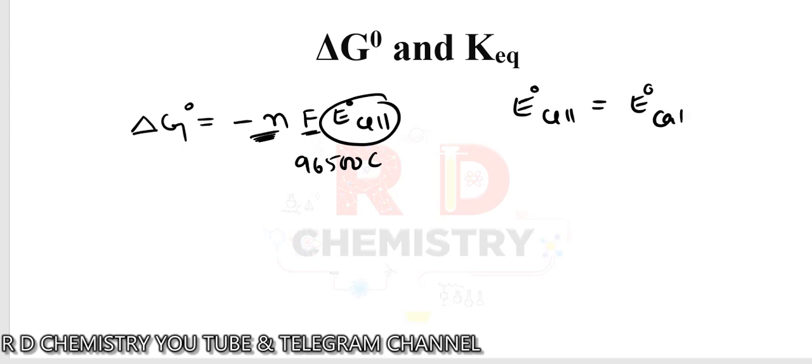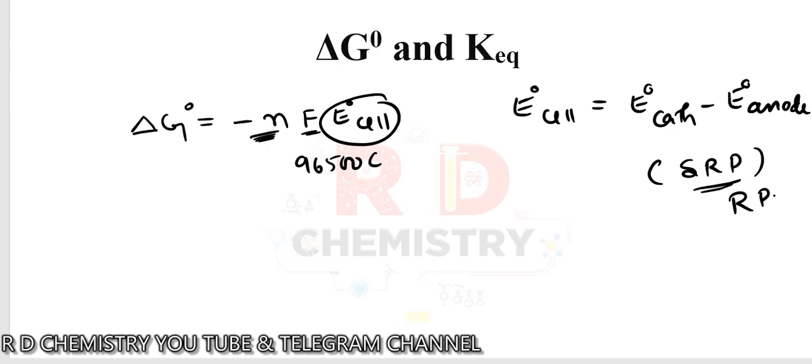F is nothing but 96,500 coulombs constant. And E naught cell, how to calculate E naught cell? E naught cell is equal to E naught of the cathode minus E naught of the anode. This is the formula in terms of SRP values, standard reduction potential. Remember, we'll be writing in terms of reduction potential.